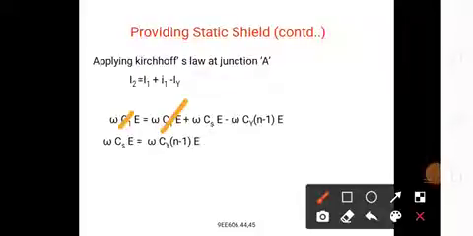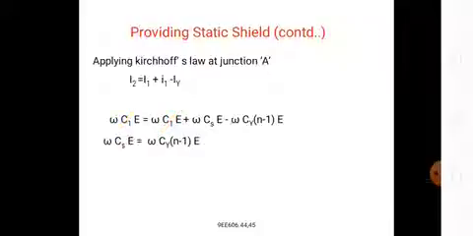So WCS E is equal to WCy n minus 1 into E. W is common, so W gets cancelled. CS is equal to Cy into n minus 1. So from this, Cy is equal to CS by n minus 1.